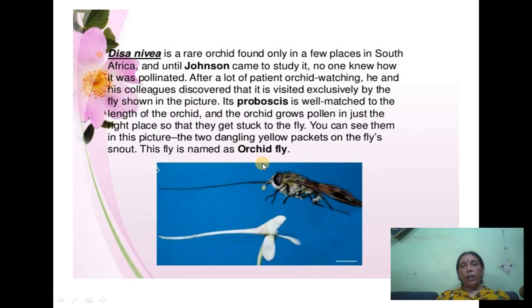This one. Its proboscis is well matched to the length of the orchid, and the orchid grows pollen in just the right place so that it gets stuck to the fly. You can see them in this picture, the two dangling yellow pockets on the fly's snout. This fly is named the orchid fly. Now these are the dangling pockets in which the pollens are attached when it visits the flower.